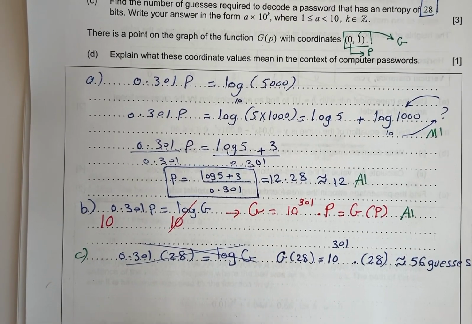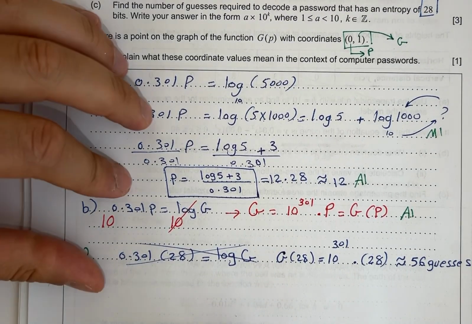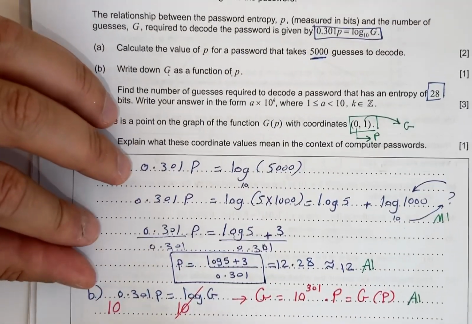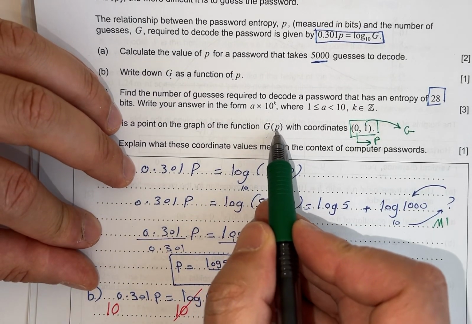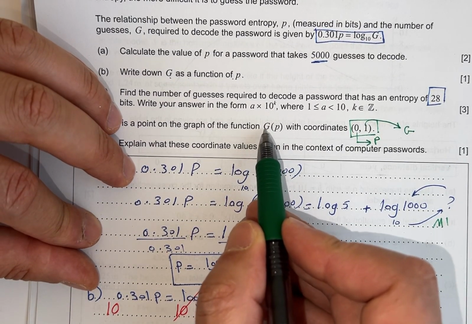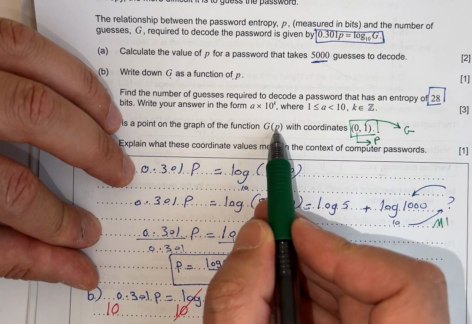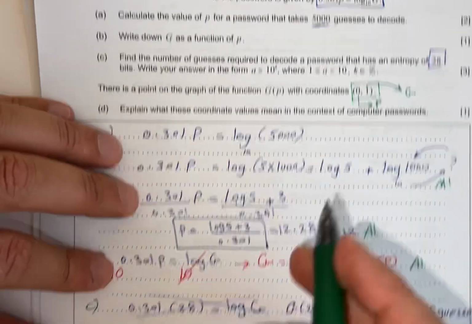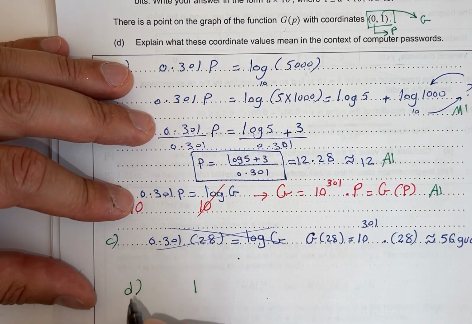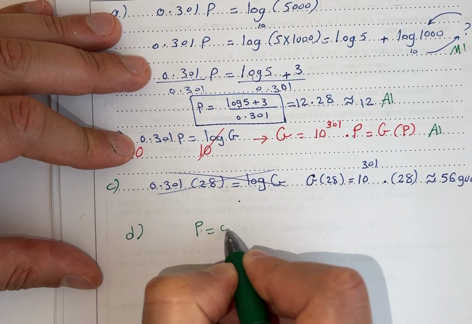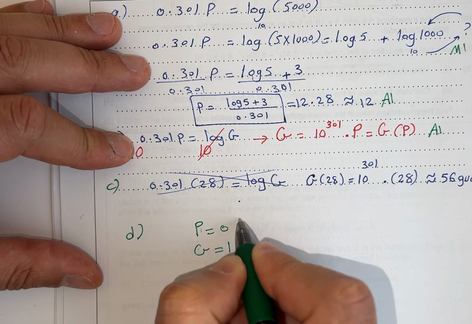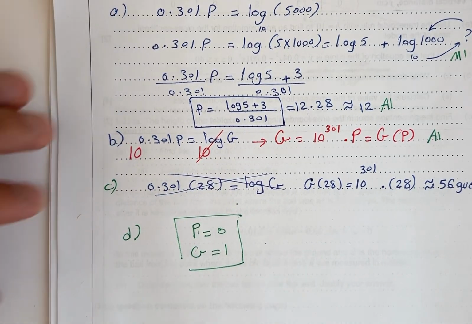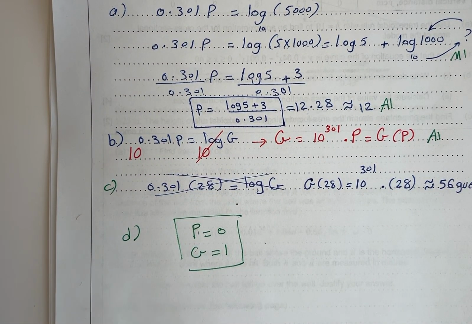What do you think? See, G and P, so this is the independent, this is the dependent. It's like x and f of x. So here 0 is P, 1 is G. So when P is 0, there is only one guess.